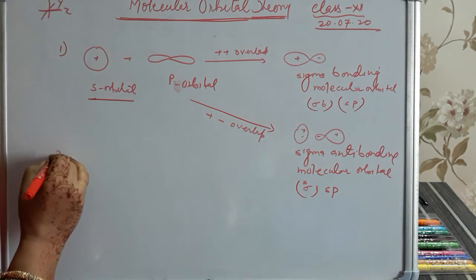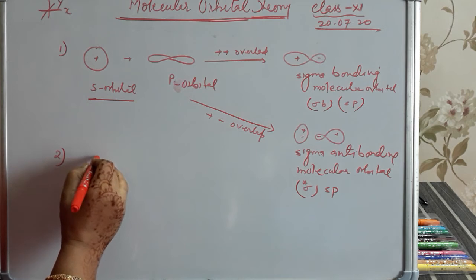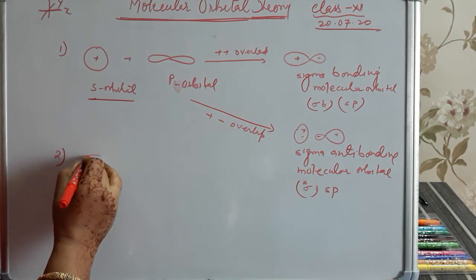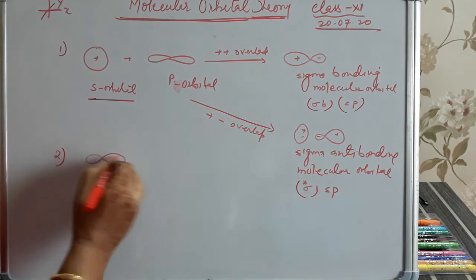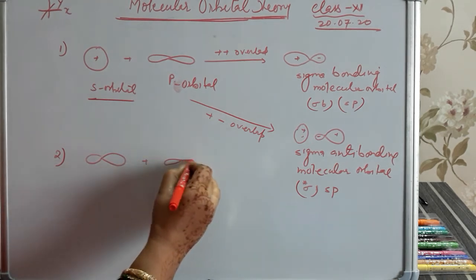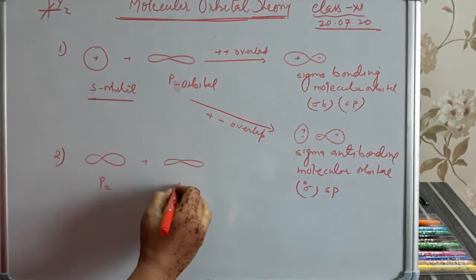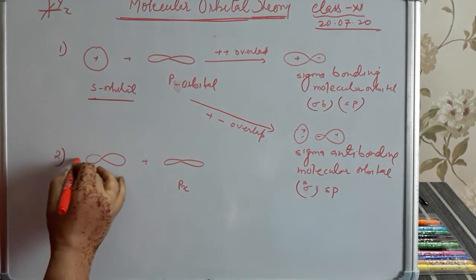Next we discuss the combination of pp orbitals along the internuclear axis, the combination of two p orbitals, one like this and another like this. This is the px, this is also px.